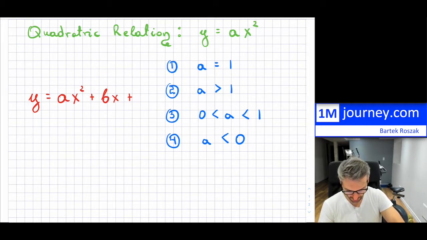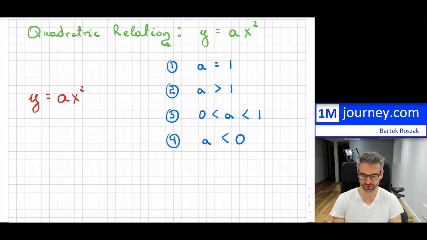Now in future videos as we continue, there are going to be different formats, but this is going to be our first format. I have 4 cases on the right hand side, in blue, that you see. The first one is a is equal to 1, the second one is a is greater than 1, the third one is a is between 0 and 1, and finally the fourth one is a is less than 0.